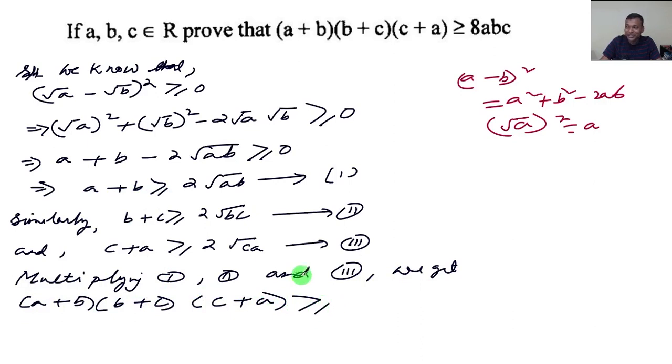On multiplication, here it is 2 root ab, 2 times 2 is 4, times 2 is 8, directly I am writing. Now here it is root ab, root bc, root ca. You can see here 8. How did it come? I multiplied this 2 of equation 1, this 2 of equation 2, this 2 of equation 3.